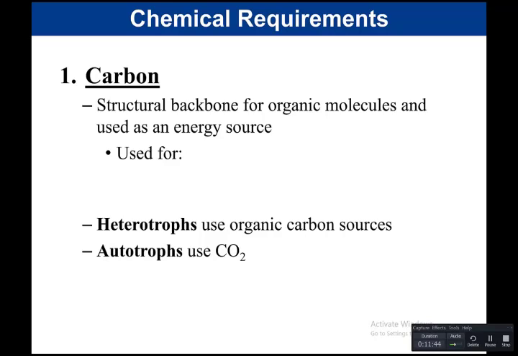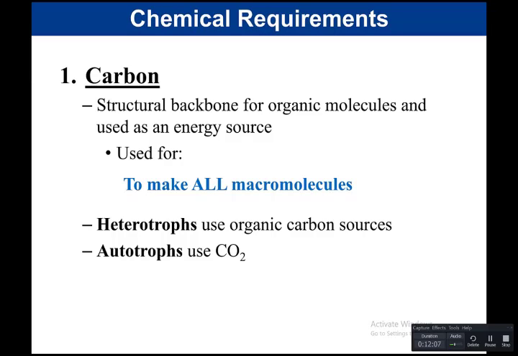Now, what do organisms use carbon for? They use carbon to make all macromolecules. So organisms must have a carbon source in order to make all of their macromolecules. How they obtain carbon is different depending on their nutritional classification.